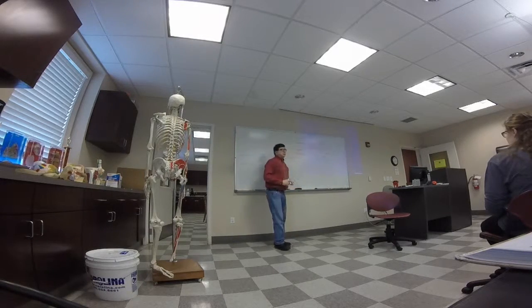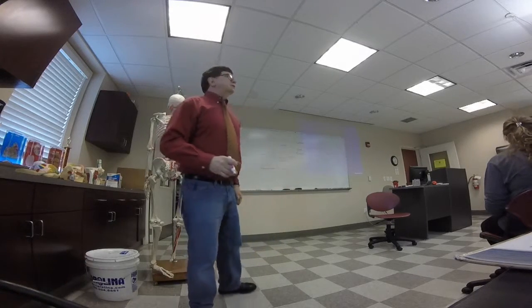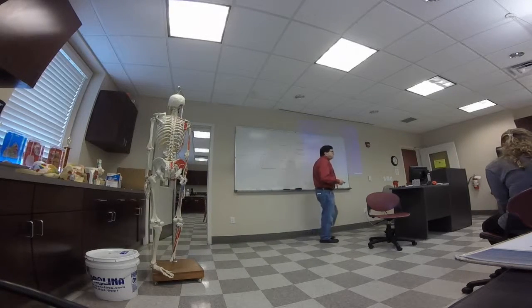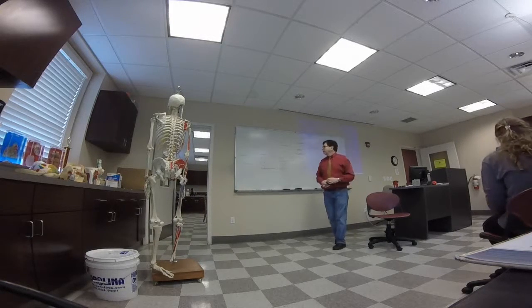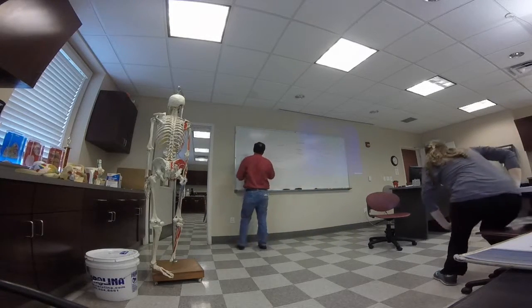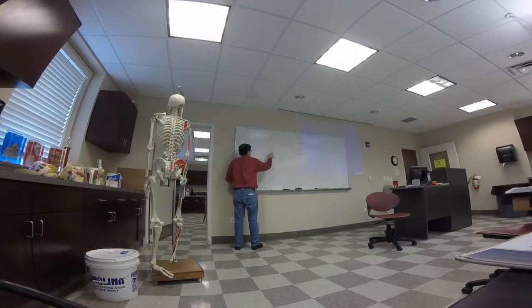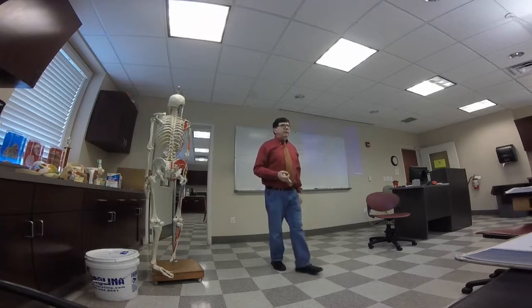Deep to the submucosa, you have a thicker layer of muscle called the muscularis externa. Typically, the muscularis externa is arranged into two layers. An inner circular layer. That inner circular layer is going to encircle the lumen like this and travel in this direction. And then an outer longitudinal layer.